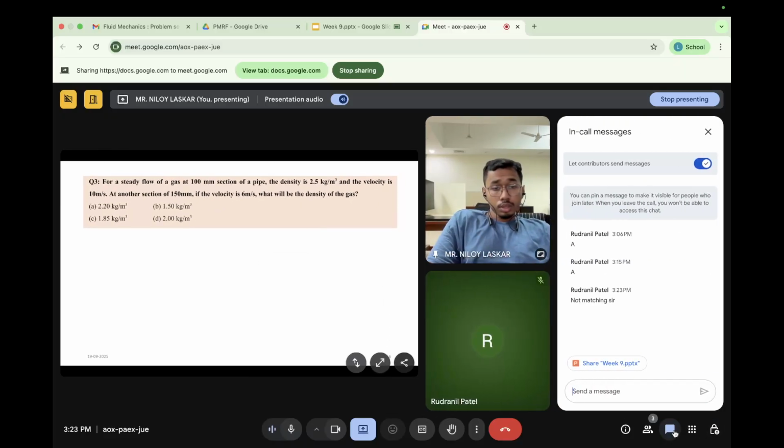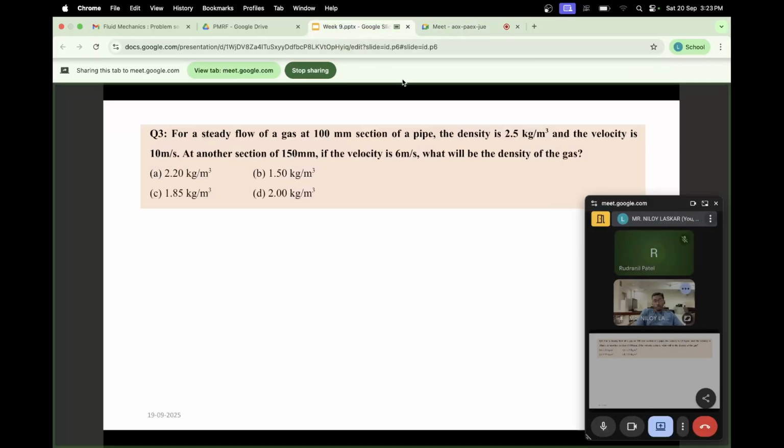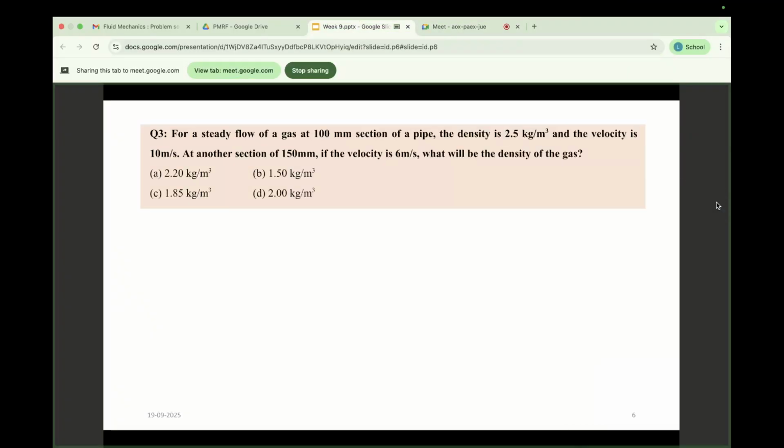So you said that your answer is not matching. Okay, let us check. So basically, here it is said that for steady and incompressible flow, right? Why I said incompressible: no information is given, so even though it is a gas, we can consider it as incompressible as no condition is given.